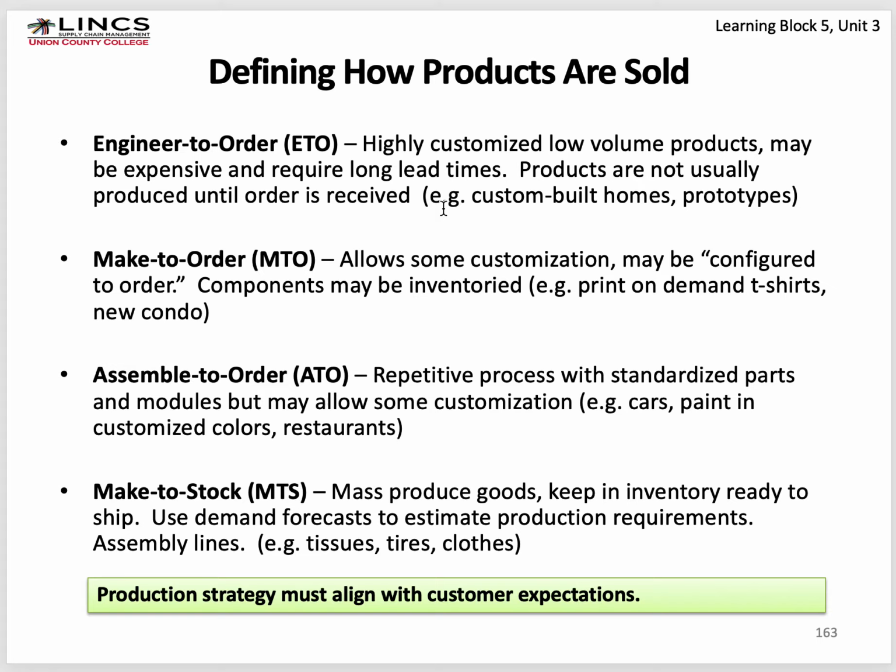Assemble to order, I can do that quicker. I get an order and I have all the parts, I just have to assemble it. The NASCAR company I talked about was in between make to order and assemble to order when they would make the transmissions for NASCAR.